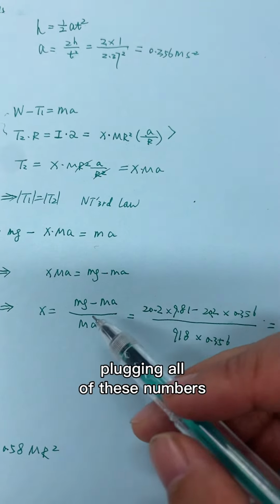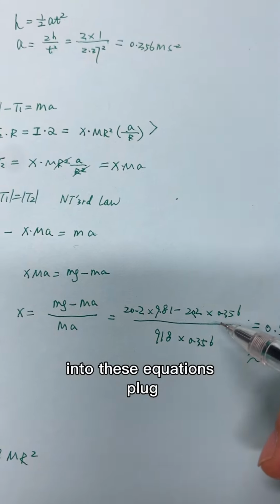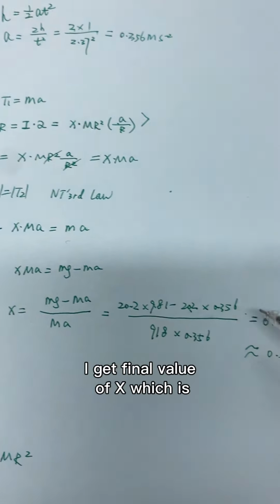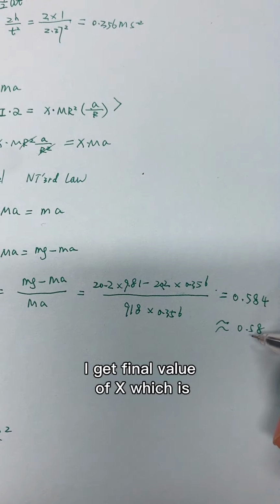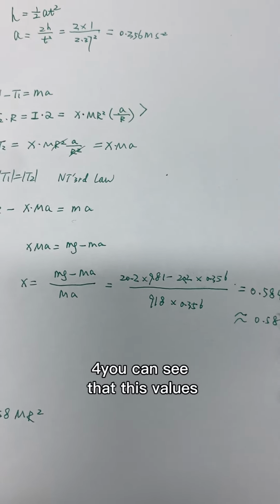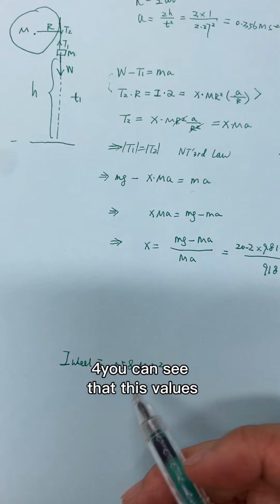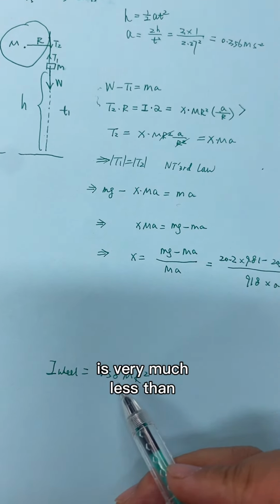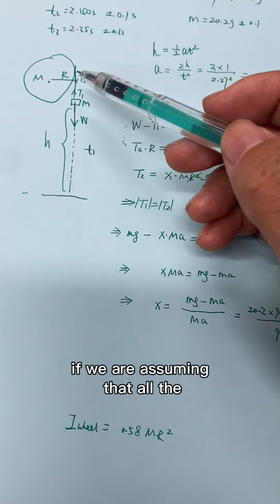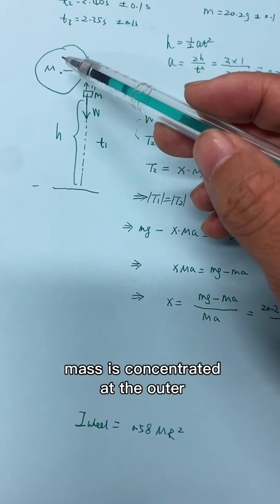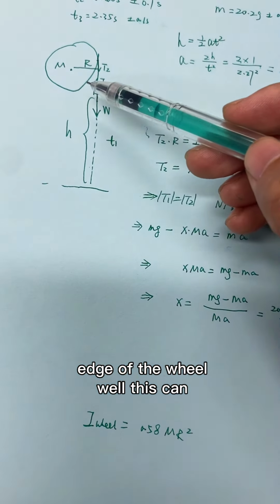And finally, plug in all of these numbers into these equations. I get the final value of x, which is 0.584. And you can see that this value is very much less than 1, which is what we would get if we assumed that all the mass is concentrated at the outer edge of the wheel.